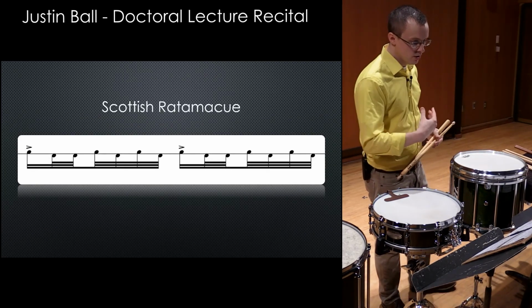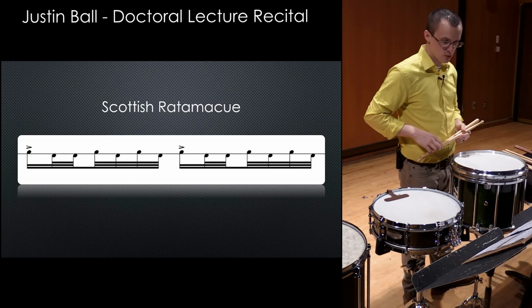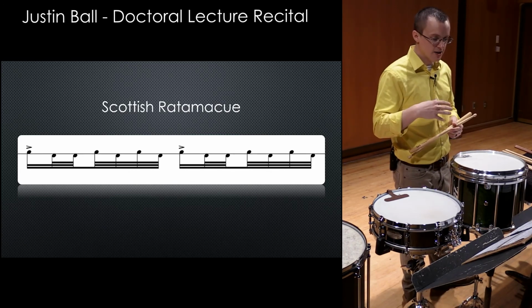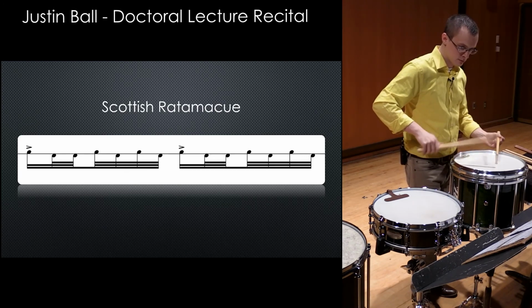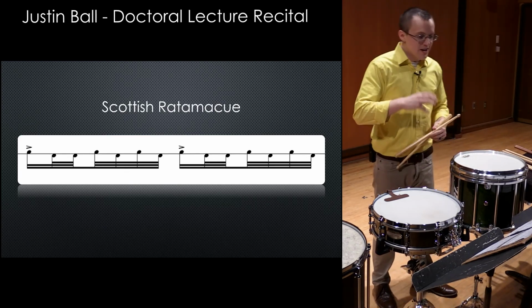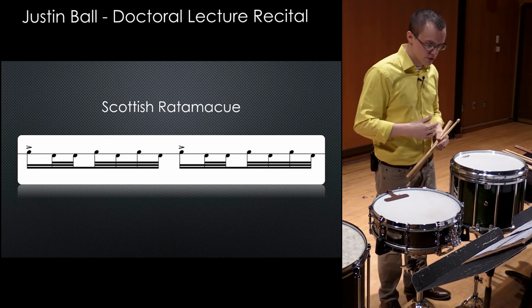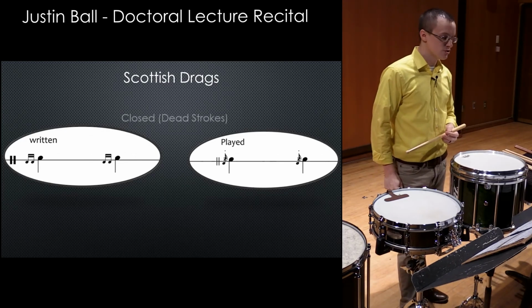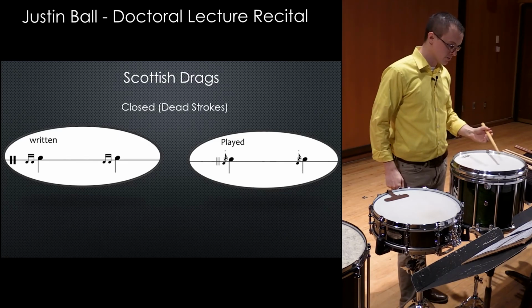The Scottish style also uses this style of drags in rudiments such as the Scottish Rudiments. However, rather than treating it as an articulation, the drag is used in a more open manner. The advanced Scottish rudimental vocabulary is heavily inclusive of closed drags, using what are commonly known as dead strokes, in which the goal is to obtain the shortest buzz possible.